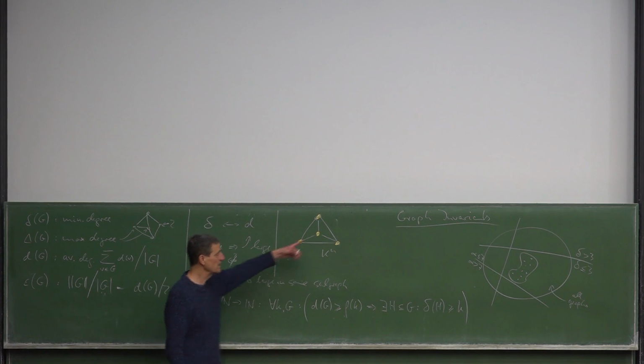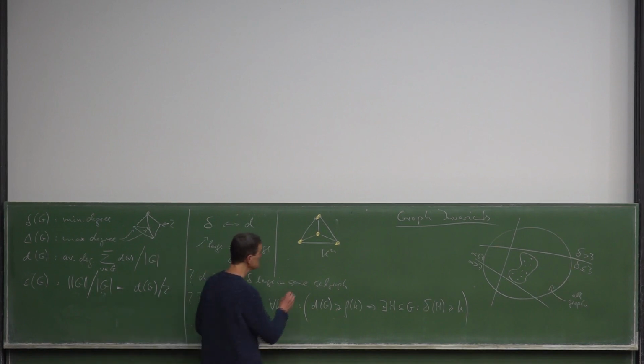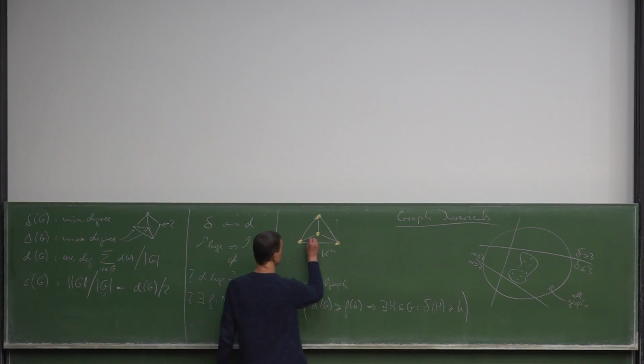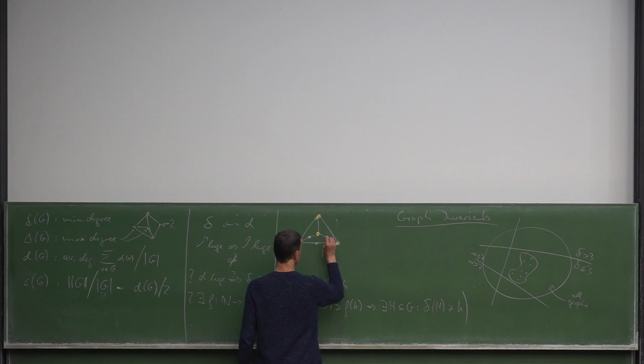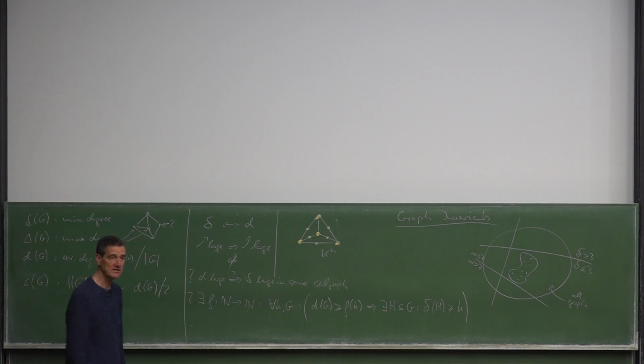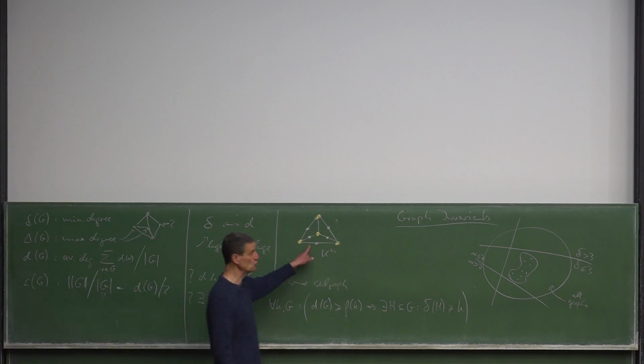So the min degree of that is large. And now I'm hoping to construct a counterexample to this. So now I modify this by inserting another vertex on every edge. Now suddenly the min degree is only 2.